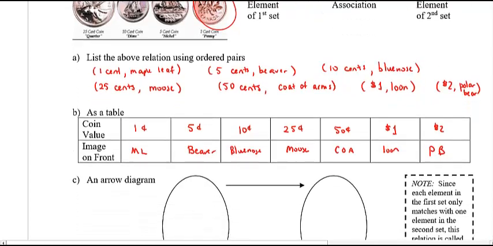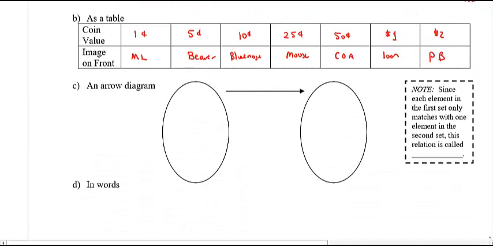Now, as an arrow diagram, how does it look? Well, one of the sets will represent the coin value, and the other set will represent the actual image or picture on the coin. And how is this associated? Well, the coin value has the picture of, and then I can state the actual image.